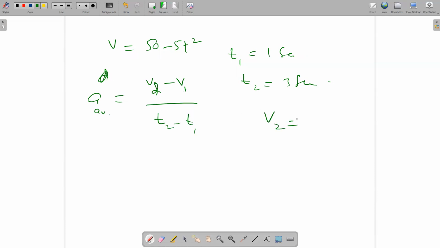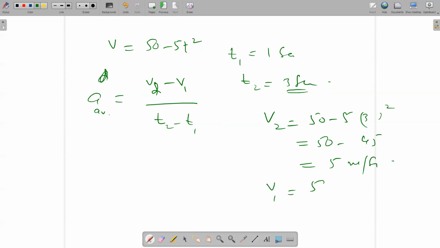So v2 will be what? You will put 3 seconds. So 50 minus 5 into 3 square. This is 50 minus, 3 3s are 9, 9 multiplied by 5, 45. So this is 5 meter per second. Okay, now you will find v1. 50 minus 5 into 1, so this is 45.